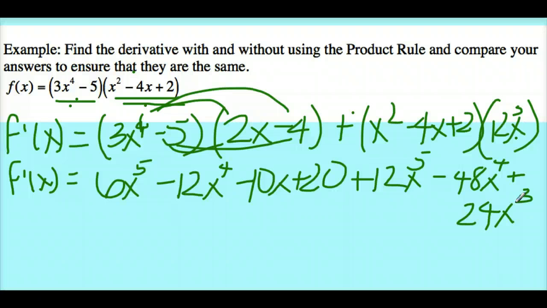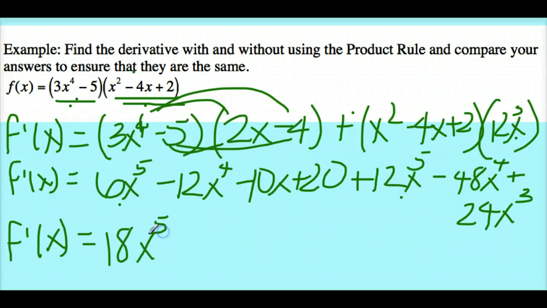If I take a look at this, I get f prime of x is equal to this 6x to the fifth can combine with 12x to the fifth to give me 18x to the fifth. I have an x to the fourth over here and an x to the fourth over here, and that's going to give me minus 60x to the fourth. And then let's just put our exponents in order.